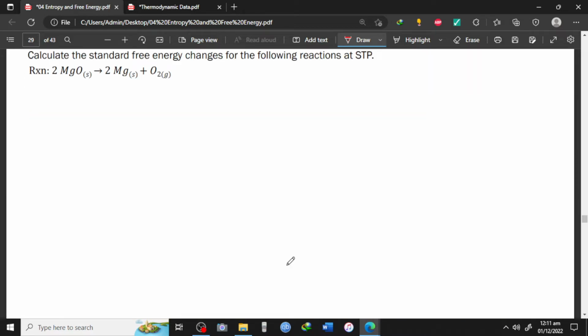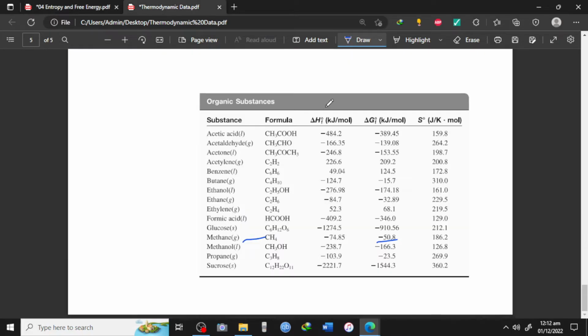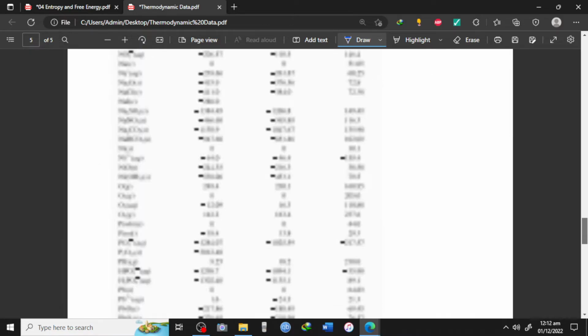Okay? So, from there, try nyo gawin tong second part. Same lang yan, no? Same lang din ng process na yun. So, pag sinabi nating STP, no? That is standard temperature and pressure. So, technically, this is at 1 atmosphere pa rin and at 25 degrees Celsius. So, same thermodynamic data pa rin yung gagamitin nyo. Okay?